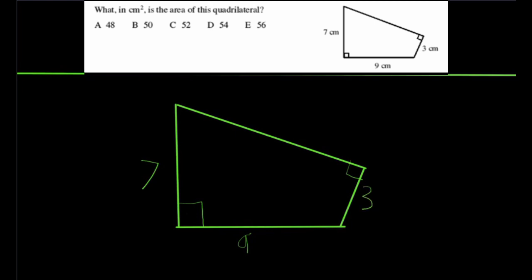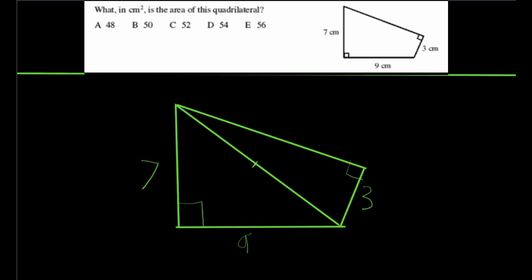Okay, so you can see how we have two right angles here, and to solve this problem, what we have to do is connect this vertex here to this vertex here. So if we join them with a straight line, you can see how we now have two right angle triangles, and we can work out this side here by Pythagoras' theorem.